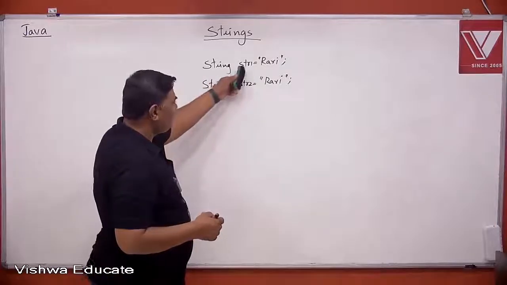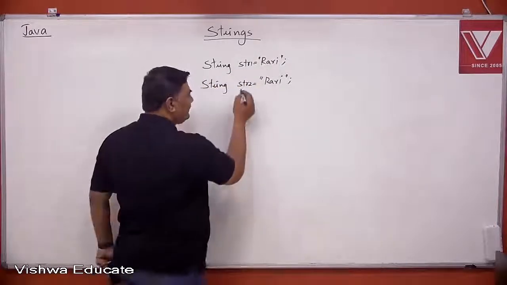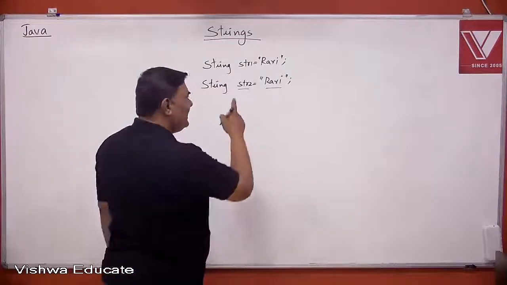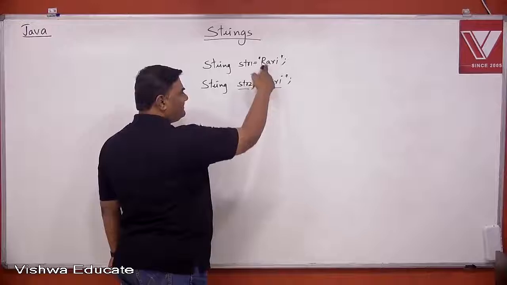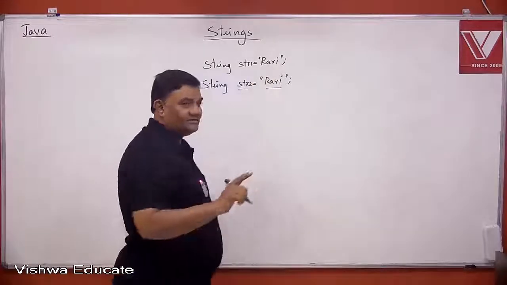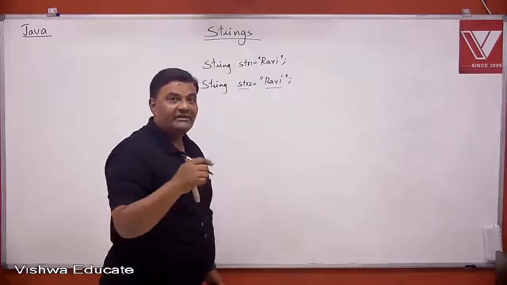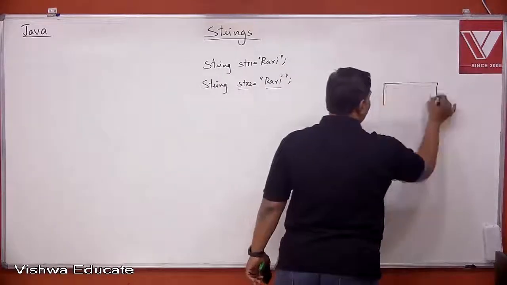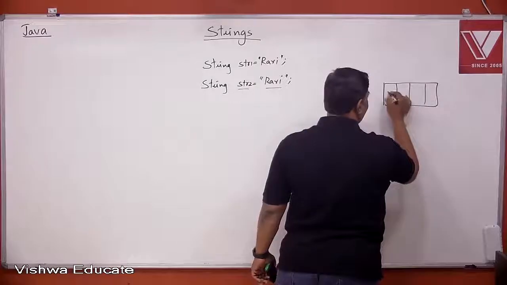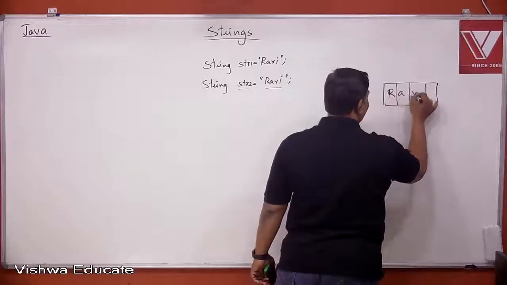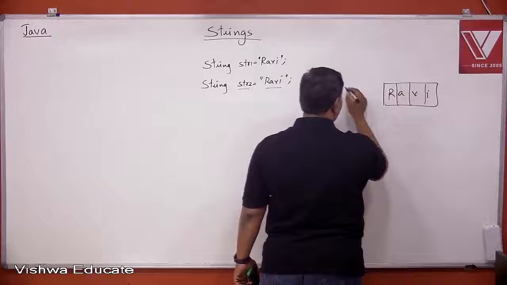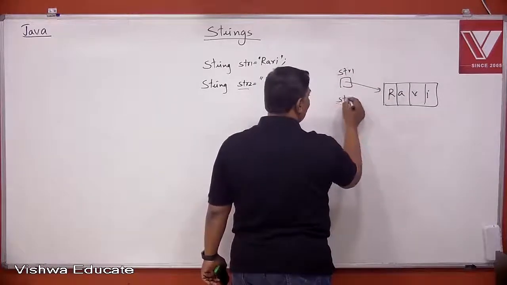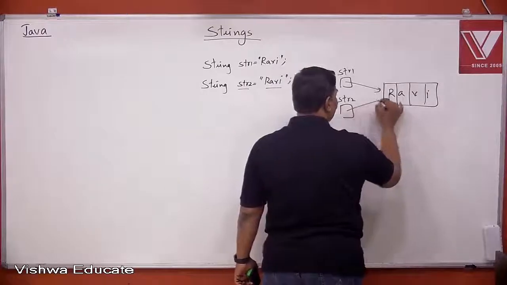Actually, this is a reference and this is an object, right? But I have taken the same name there. So basically it will not create two objects with the name Ravi, but it will take only a single object Ravi, and str1 as well as str2 both will be pointing to the same string.